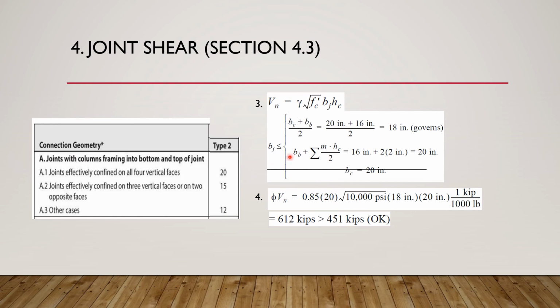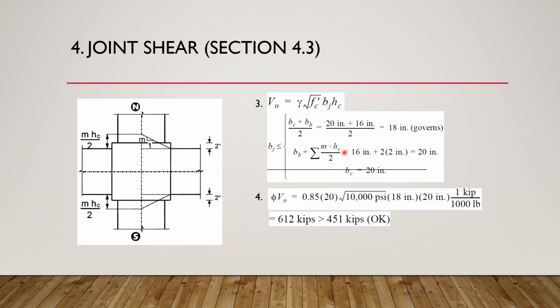Because in this case we have the B sub A H sub J, that we have these 3 values. It has to be less than these values: the B of the column plus the B of the beam over 2, B of the beam plus this M times the H of the column over 2.